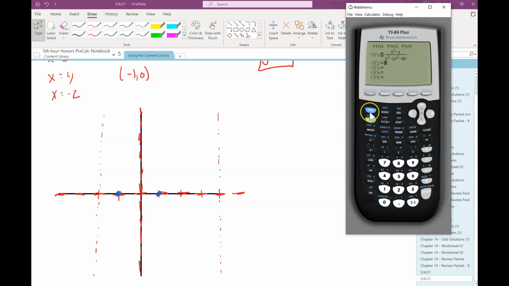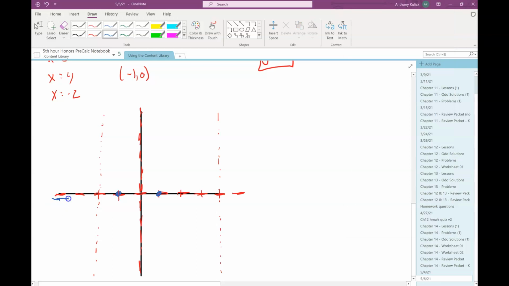Go ahead and put that in. Just on the left side of -2, that's negative. We'll get a little bit closer just to be sure. More negative, so I'm pretty sure this piece is going to be like that. Okay with that?